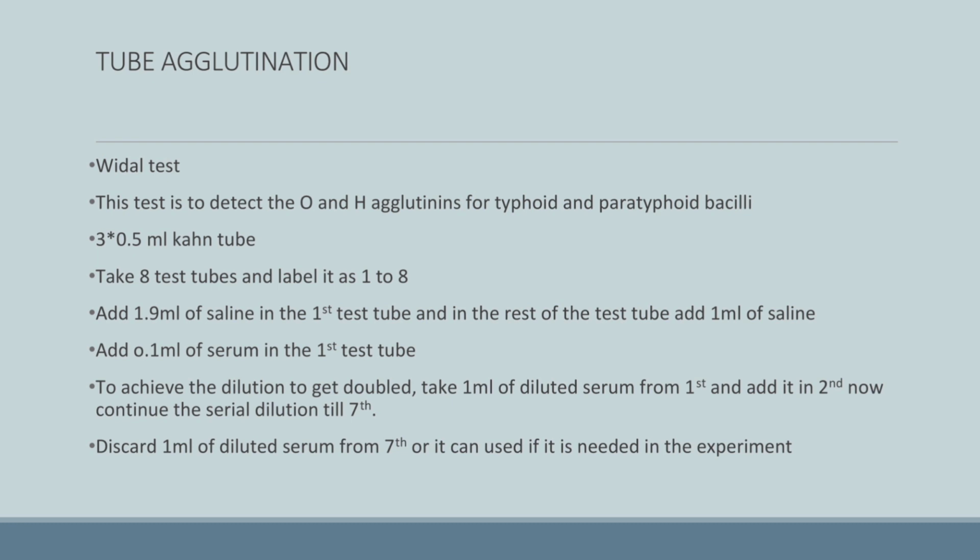For that, we take 1 ml of the diluted serum from the first test tube and add it to the second test tube. We continue this serial dilution till the 7th test tube. We can discard the 1 ml of diluted serum from the 7th test tube, or use it for further experiments.